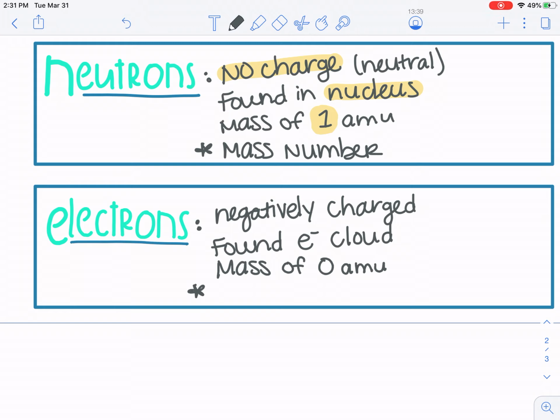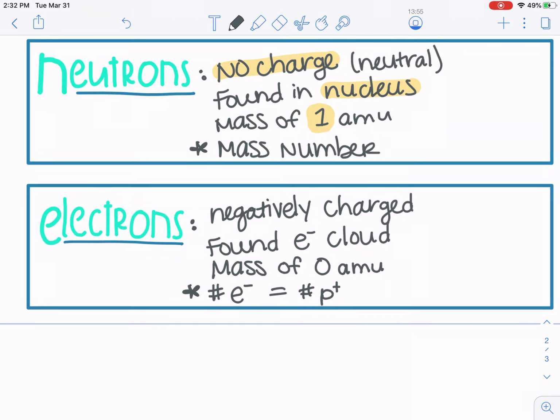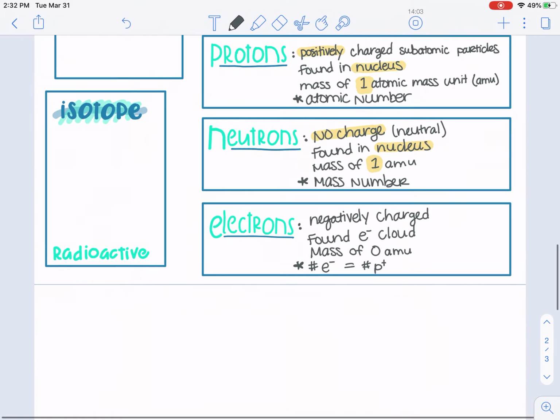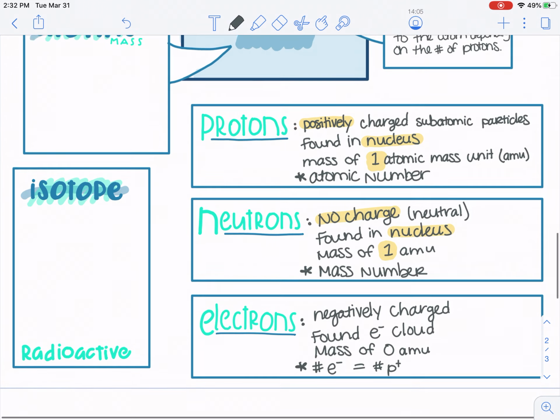We get to pretend like it has a mass of 0. The number of electrons will be equal to the number of protons because each atom is electrically neutral, which means it has no charge. So the number of electrons will be equal to the number of protons. Positiveness is equal to the negativeness in every atom.